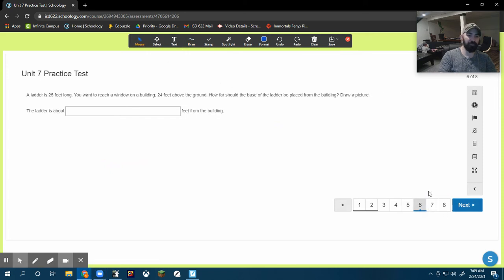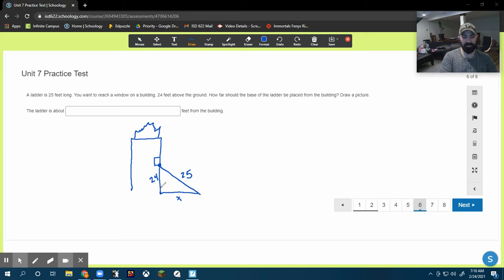Number 6, another word problem. We have a ladder that is 25 feet long and a building that's on fire. We want to get the ladder to the 24th floor, which is 24 feet above the ground. And we know that the ladder is 25 feet long. We want to know how far away from the building we need to place the base of the ladder.